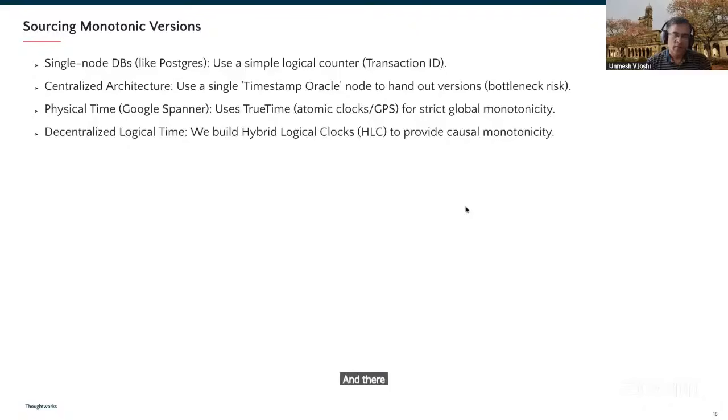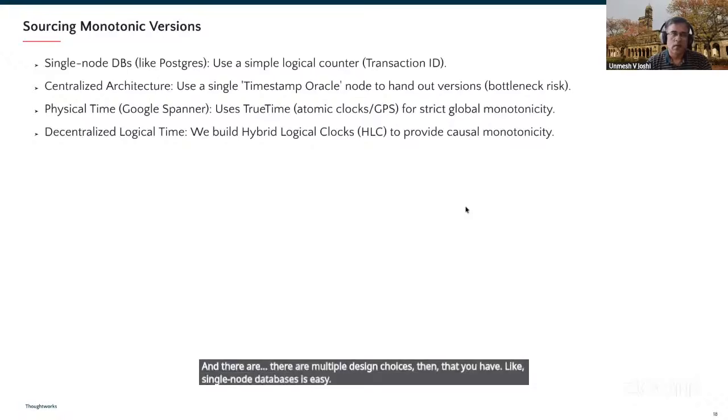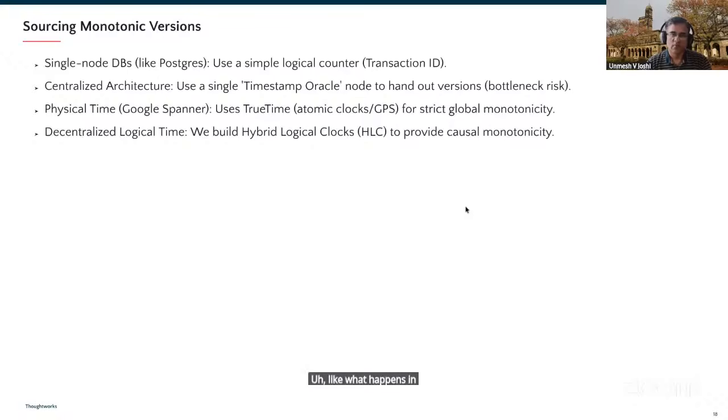There are multiple design choices then. Single node databases are easy, like what happens in Postgres. You can just have a simple logical counter because it's only a single node. In distributed databases, it's a tricky choice because you can have thousands of nodes spanning across, and there is no easy way to get a single monotonically increasing integer.